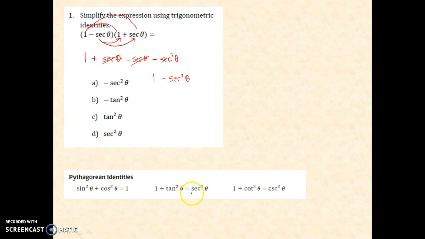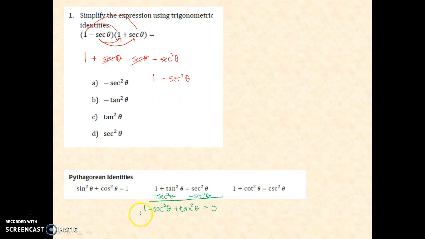If I were to subtract secant squared theta from both sides of this equation, I would get 1 minus secant squared theta plus tangent squared theta equals secant squared minus secant squared is 0.